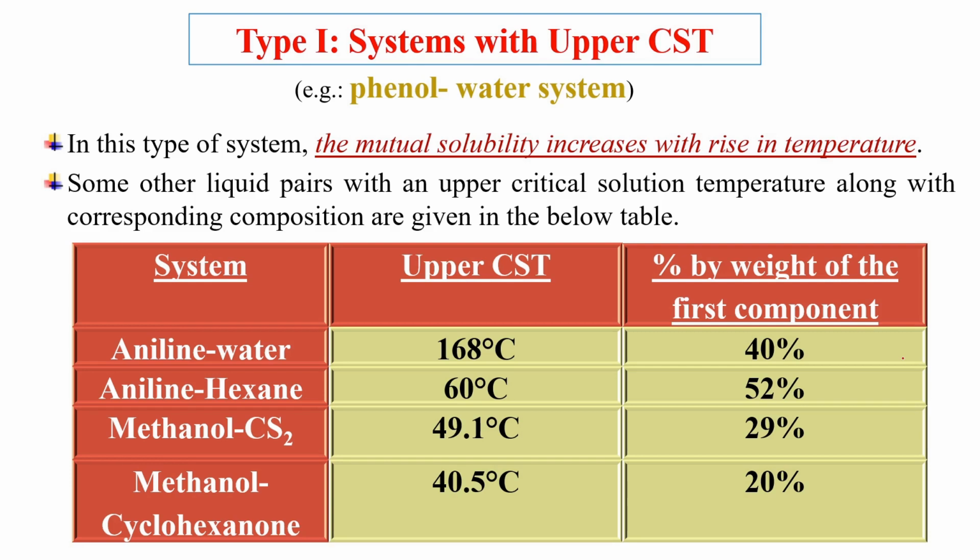Methanol and CS2 have an upper CST of 49.1 degrees centigrade with 29% methanol by weight. Similarly, the methanol and cyclohexanone system shows an upper CST of 40.5 degrees centigrade with 20% methanol by weight.